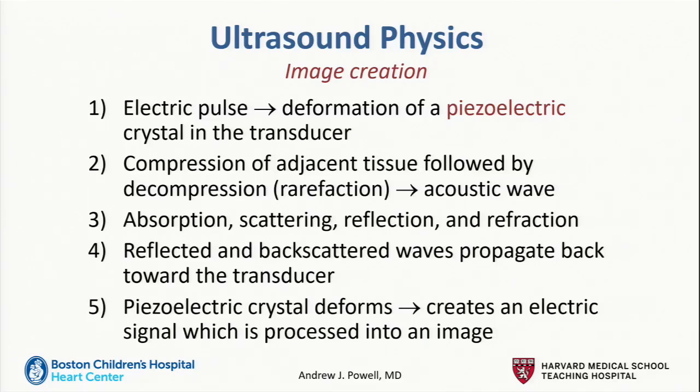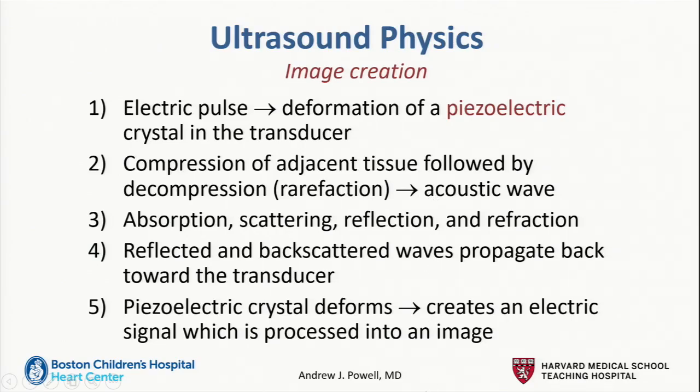So we've got these magic crystals, and they have the following property. If you send electricity through them, they vibrate. And as part of that vibration, if it's up against a tissue, it'll do some compression and decompression. Now this sounds like what I began with. That's going to set up an acoustic wave and send that into the tissue.